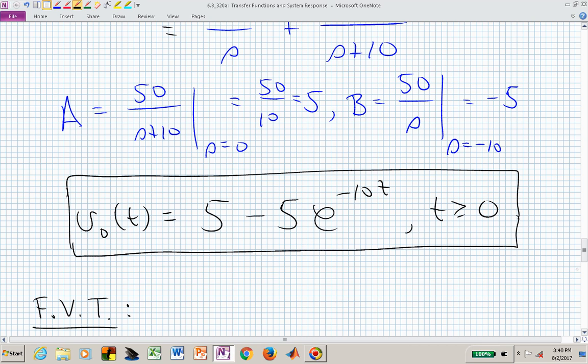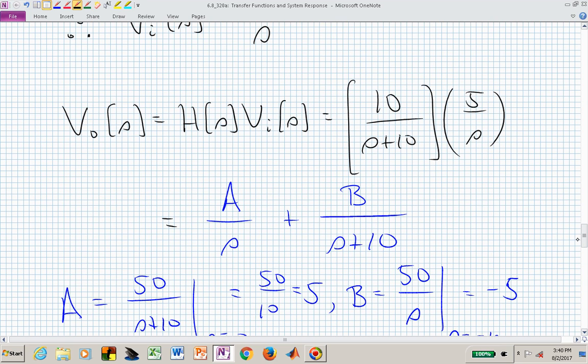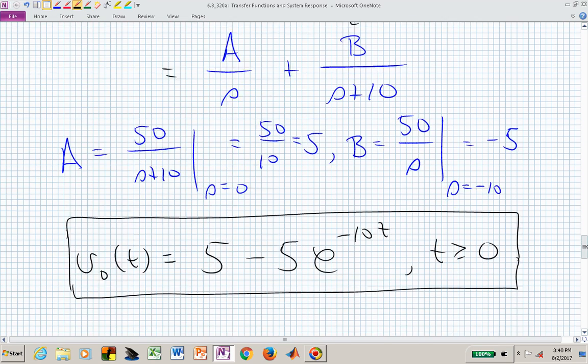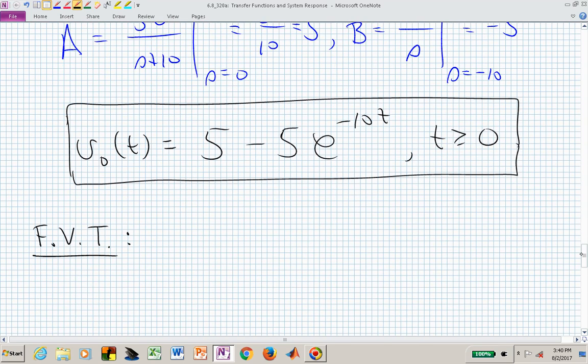The final value theorem, we need to look at s times v sub 0 of s and make sure that we have no poles on the imaginary axis or in the right half plane. The s cancels the s in the denominator, and so now we're okay with the s v sub 0 of s product. So we can apply the final value theorem.